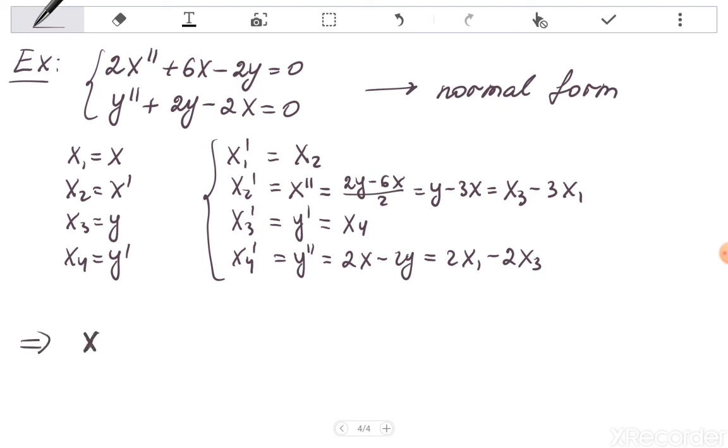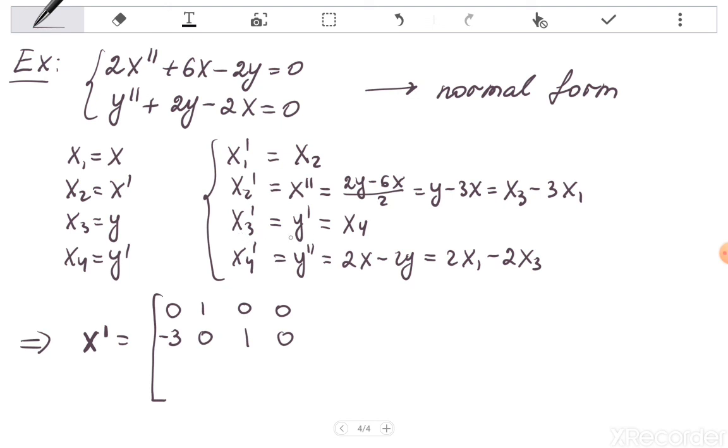This is x prime, this is the matrix. Let's write the coefficients. In the first equation we have 1 only in front of x2, so 0, 1, 0, 0. In the second equation, the coefficient of x1 is minus 3, of x2 no coefficient, x3 is 1, x4 again no coefficient.